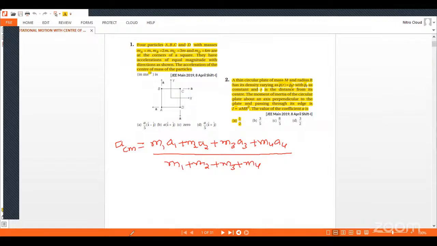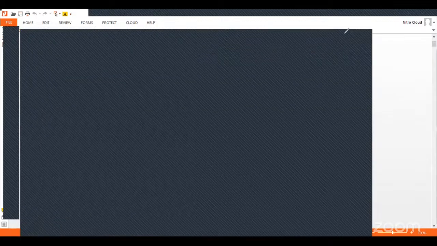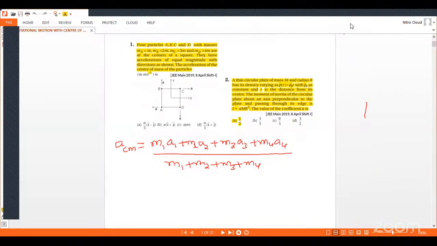Now, you can see here, the first particle we can write in position vectors.